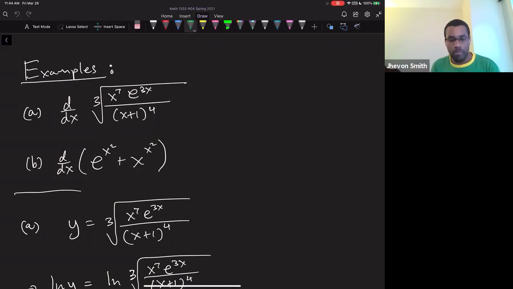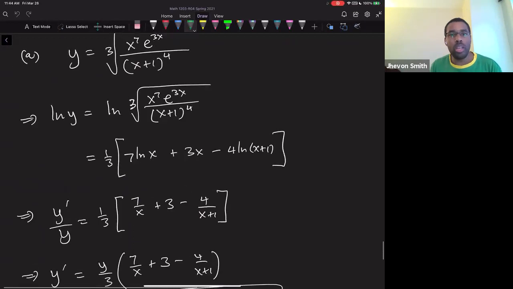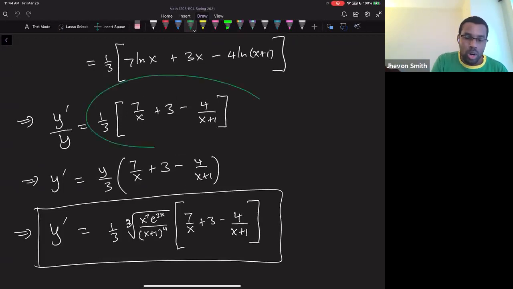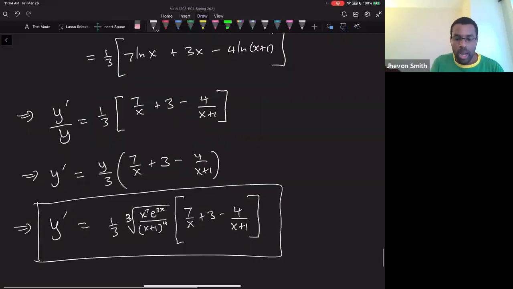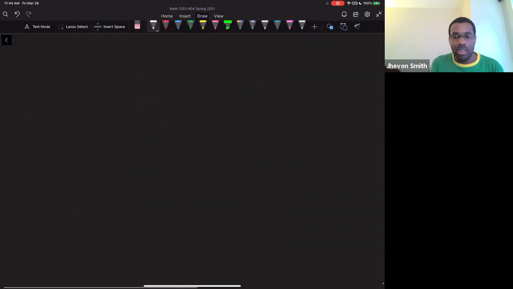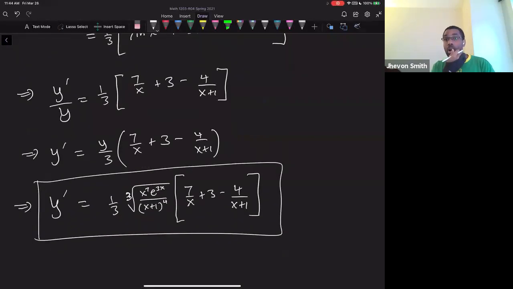It was too cumbersome. So what we do is we hit it with a logarithm. The log allowed us to simplify the right side, in which case doing all those derivatives was trivially easy. And then we just solve for y prime by multiplying both sides by y. We get the derivative here. So with that, we're all caught up.